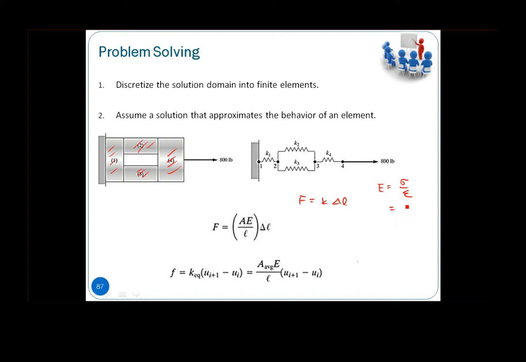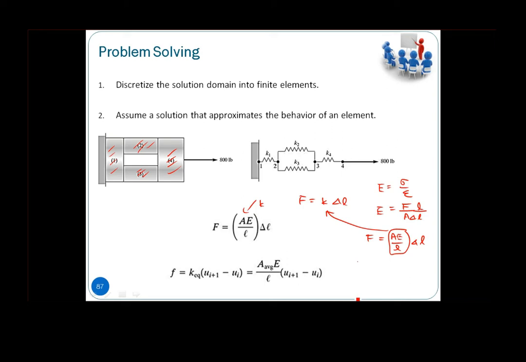In terms of stress over strain, we have F over A over delta L over L, right? FL over A delta L equals E. If you rearrange in this form, then we have F equals AE over L times delta L. So this itself is our so-called K.